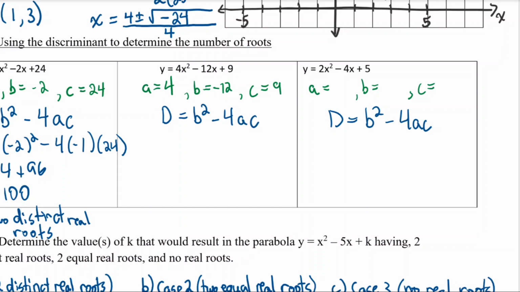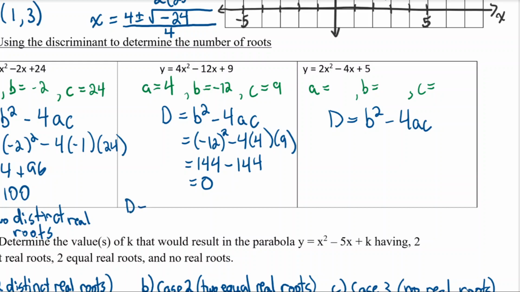Put those into the discriminant. We've got -12 squared minus 4 times our 4 times our 9. -12 squared is 144. 4 times 4 times 9 is also 144. And take a look, we get 0 here.